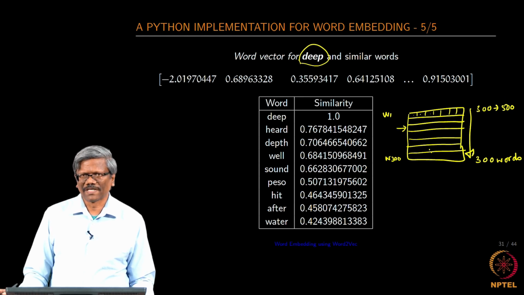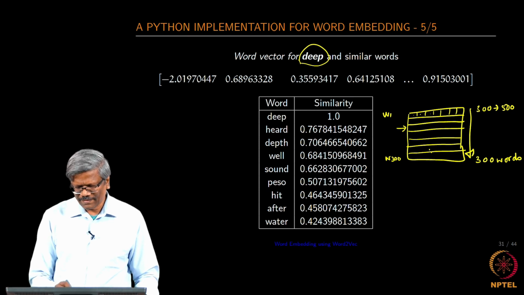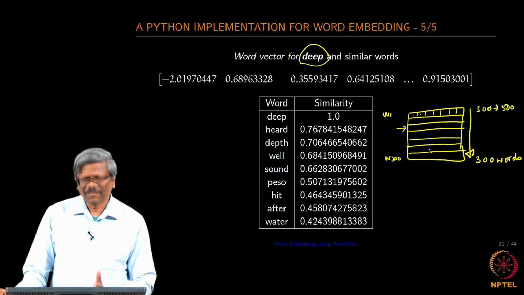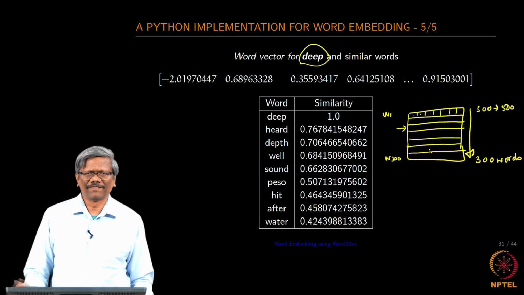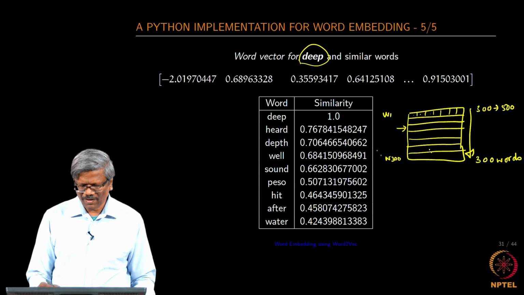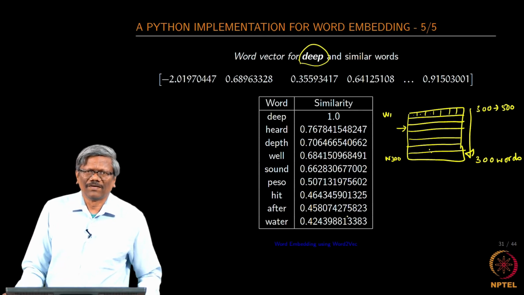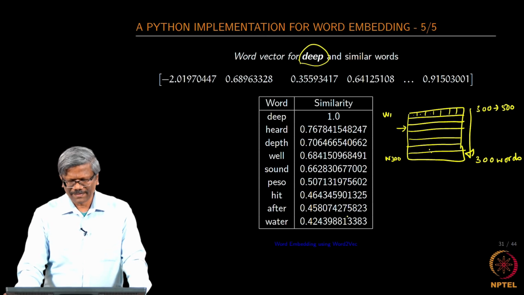I use cosine similarity, I am sure you remember that, and then find out the values, and listed the top 10 or 15 of them to find out how close those words are in the given embedded matrix.